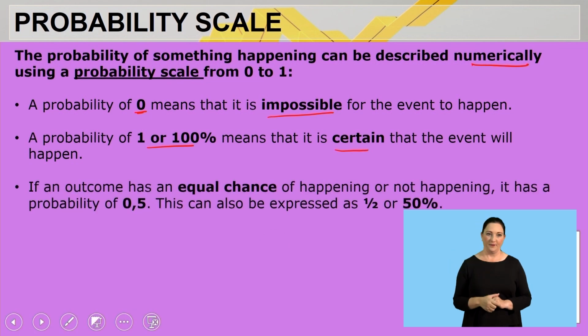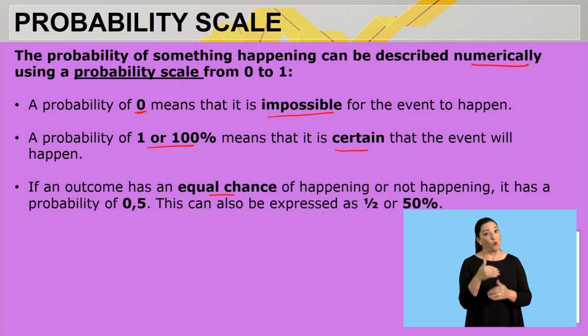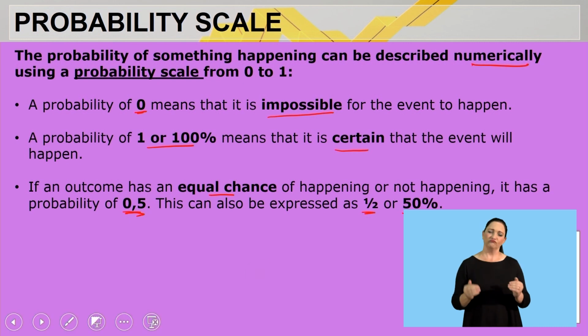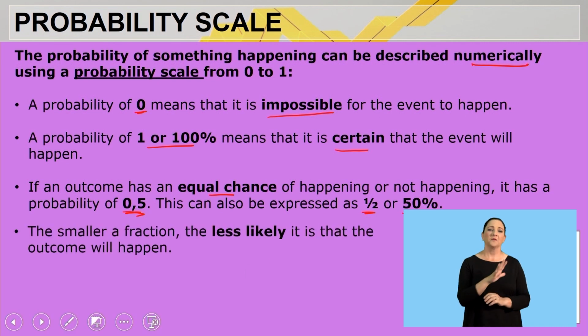Then, if an outcome has an equal chance of happening or not happening, it has a probability of 0.5. Remember, as a decimal, that means a half. This can also be expressed as 1/2, which is a half, or as a percentage, 50%. So, equal chance of happening, 50%. Then, the smaller a fraction, the less likely it is that the outcome will happen.